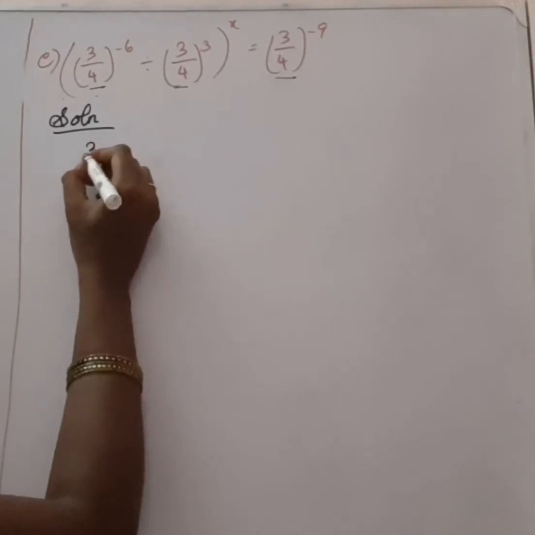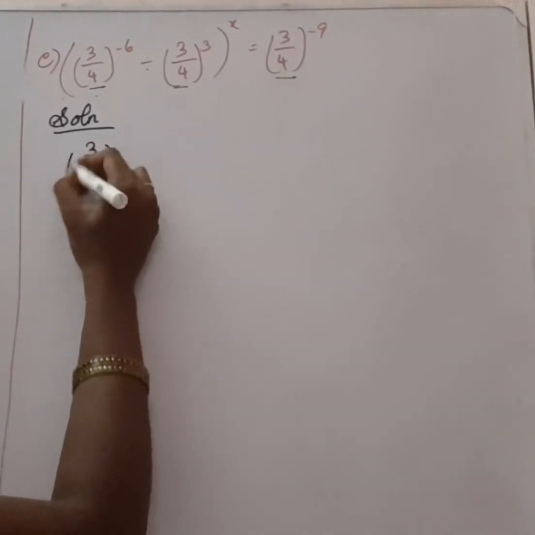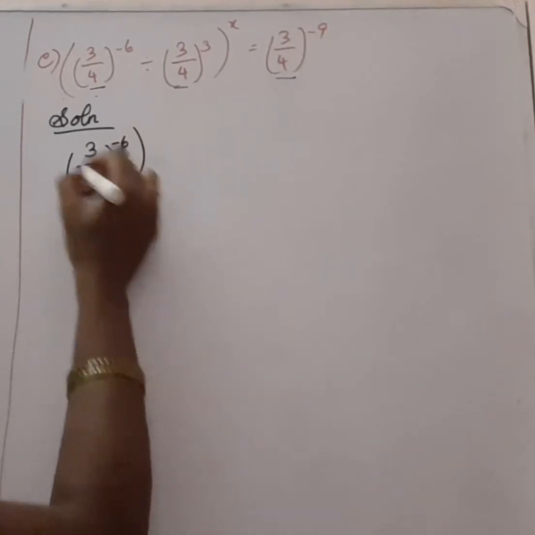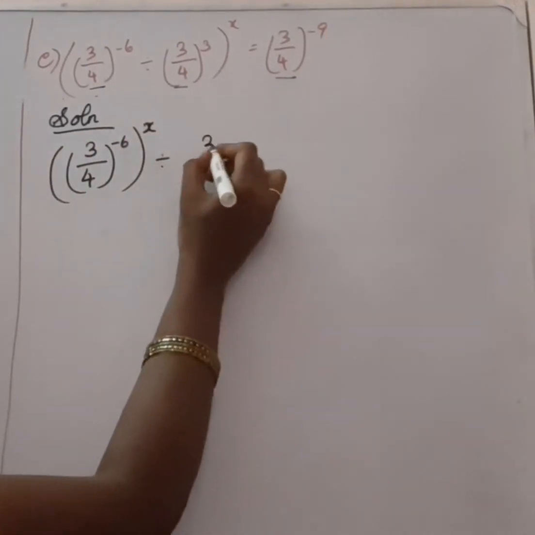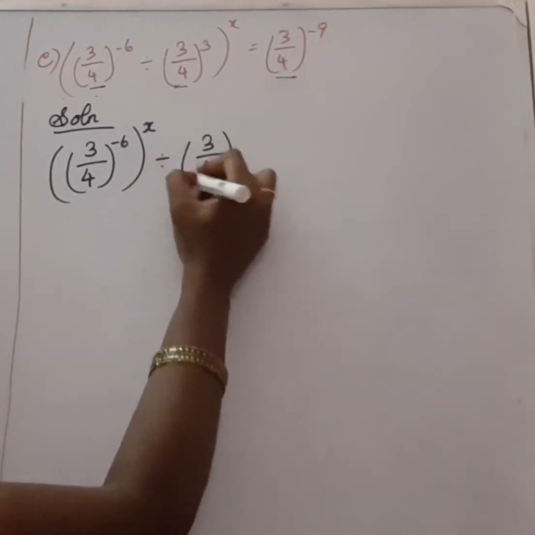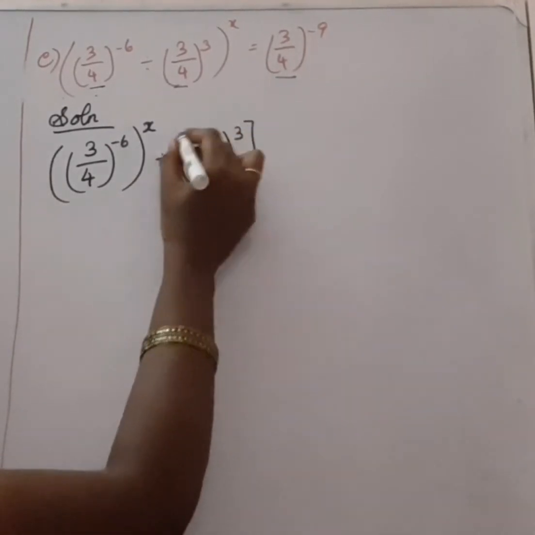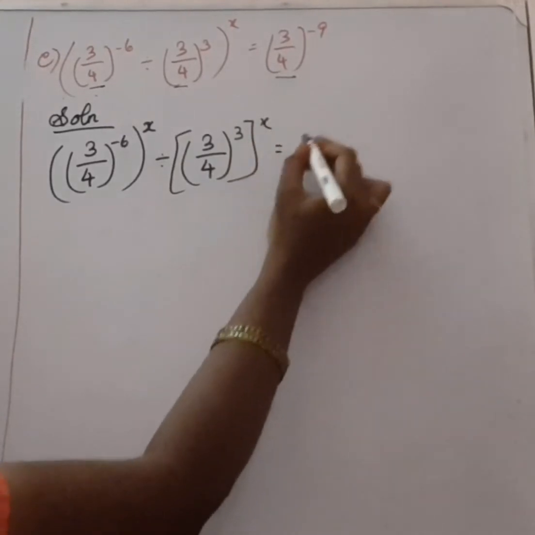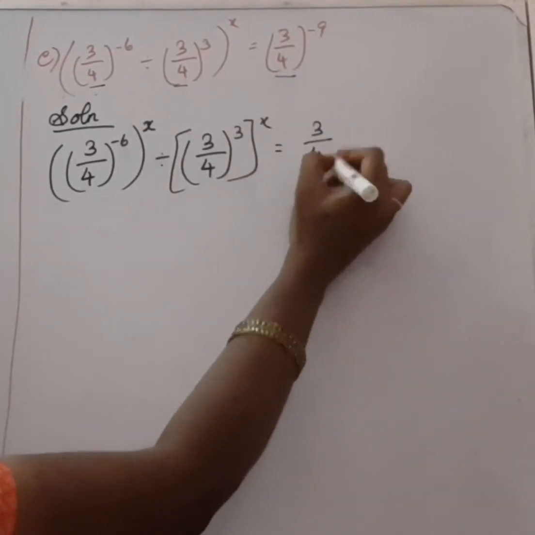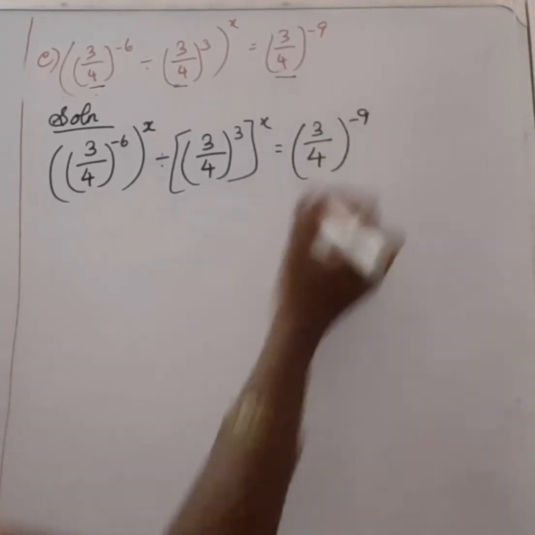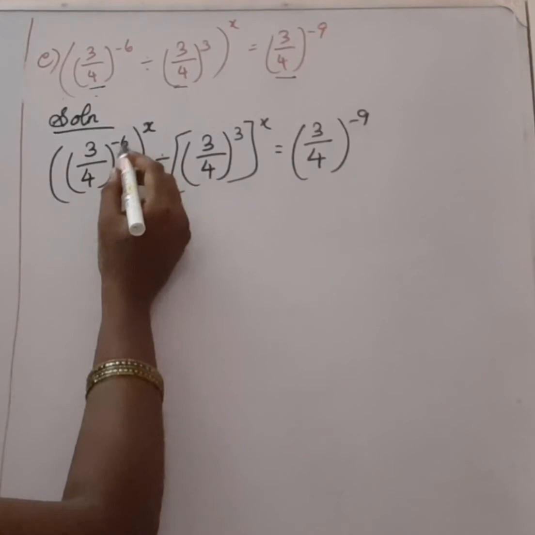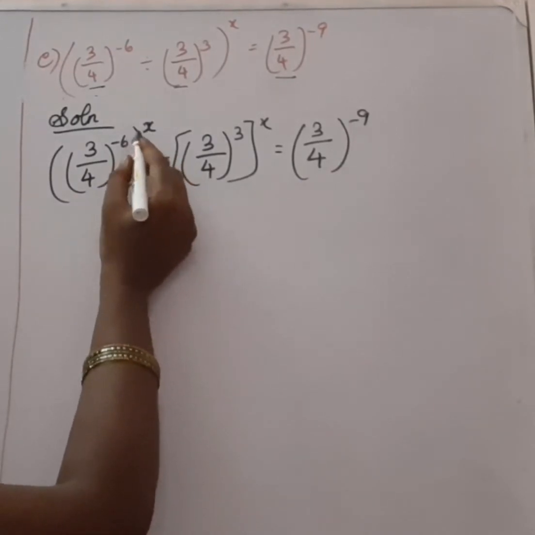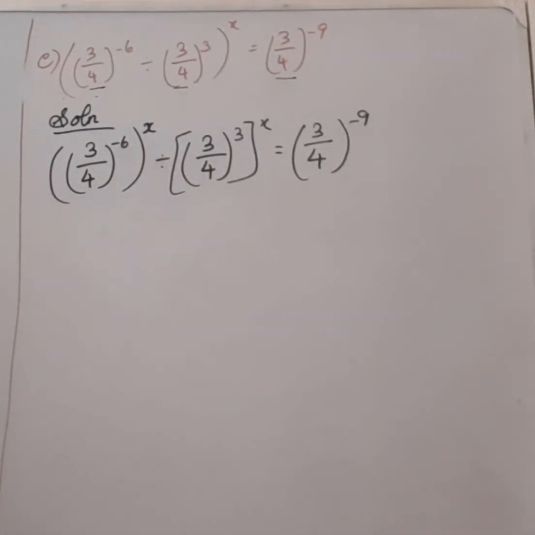So first divide that. So 3 by 4 the whole power minus 6 the whole power x, divided by 3 by 4 the whole power 3 the whole power x, equals 3 by 4 the whole power minus 9. Now, if we have two powers with a bracket in between, what's the operation we want to do?